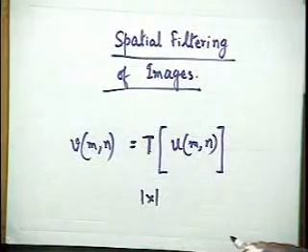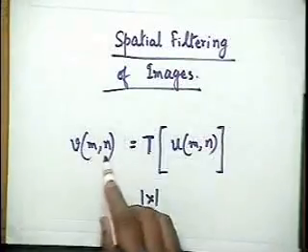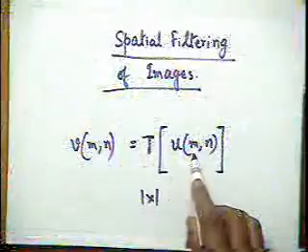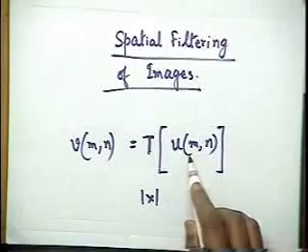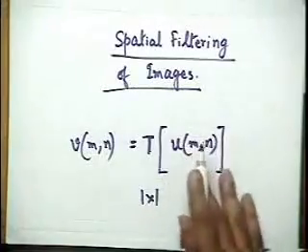That means we considered only the pixel Mn. So for the output image, the intensity at the point Mn was dependent only upon the intensity of the point Mn of the input image, not on the intensities of other pixels surrounding Mn. This operation, where the neighborhood region was 1 by 1, we called a point operation.